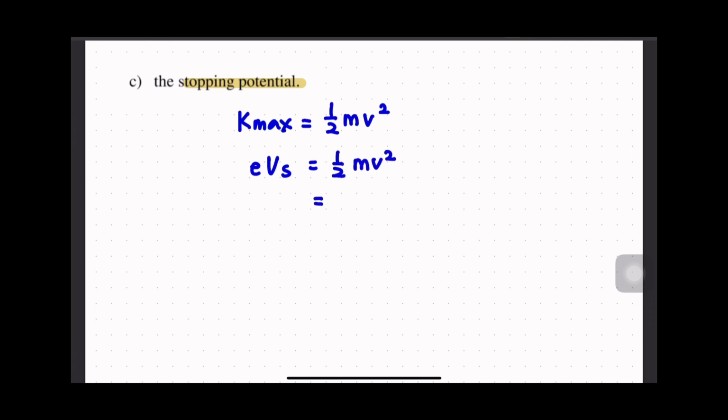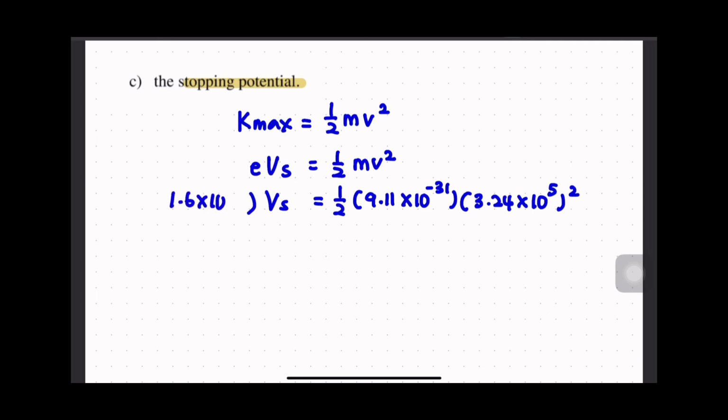So you can calculate based on what we got earlier: 9.11 times 10 to the power of negative 31, and the v we got earlier, 3.24 times 10 to the power of 5, to the power of 2. eVs, where e is 1.6 times 10 to the power of negative 19. So you rearrange and you will get Vs.